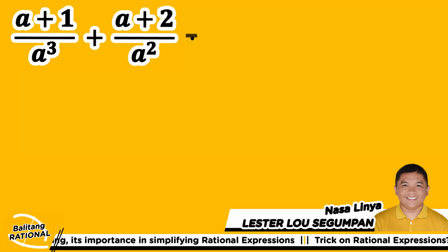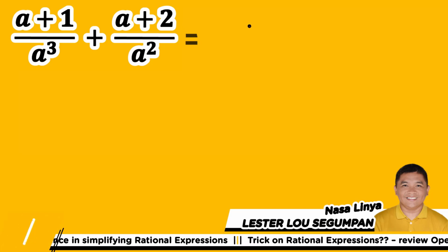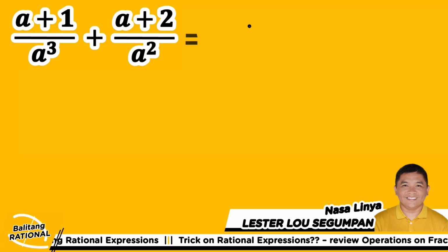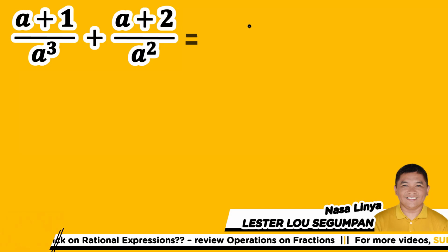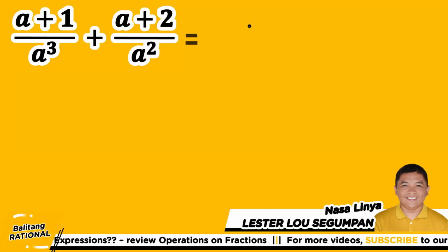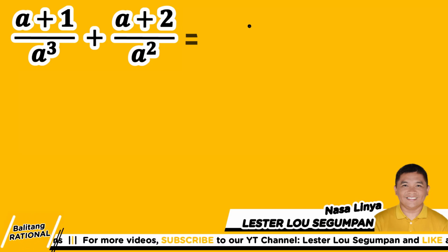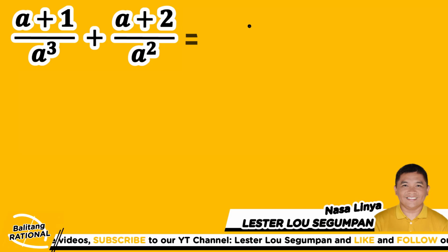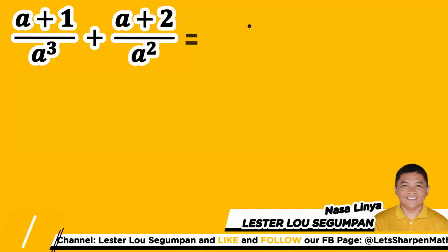For our variables po, we need to understand that the least common denominator is the largest possible number of variables that we could locate for each denominator. Because if we talk about variables po, yung a squared at saka yung a, pwede po siyang maging a squared. Dito po, yung a squared natin pwede po maging a cube.